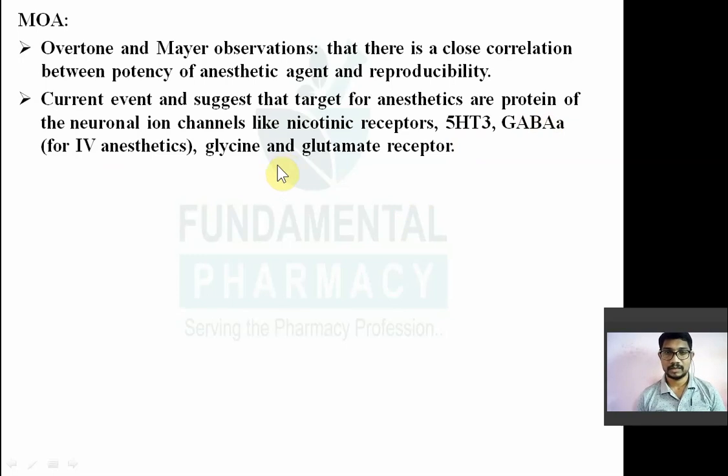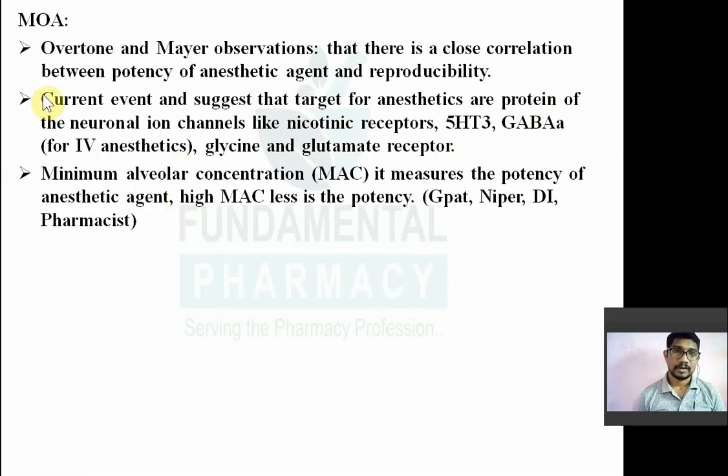For IV anesthetics, there are glycine and glutamate receptors. So whatever general anesthetics you are using, they may act on ion channels or on receptors like these. The Overton and Meyer observation is only applicable for inhalation anesthetics.